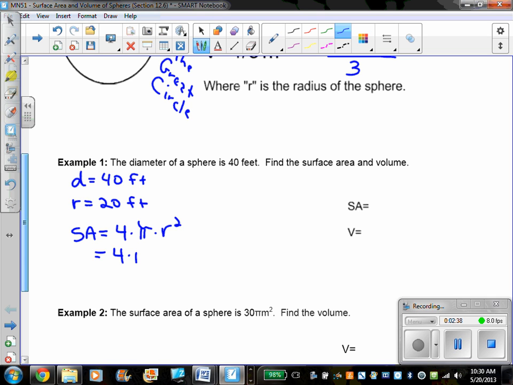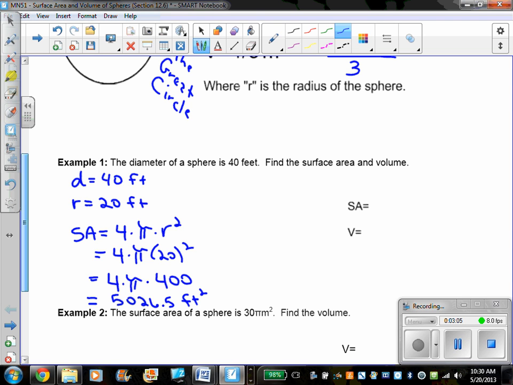We have 4 times pi times 20 squared, so 4 times pi times 400. And when you go 4 times pi times 400 in your calculator, you are going to get 5,026.5 feet squared.